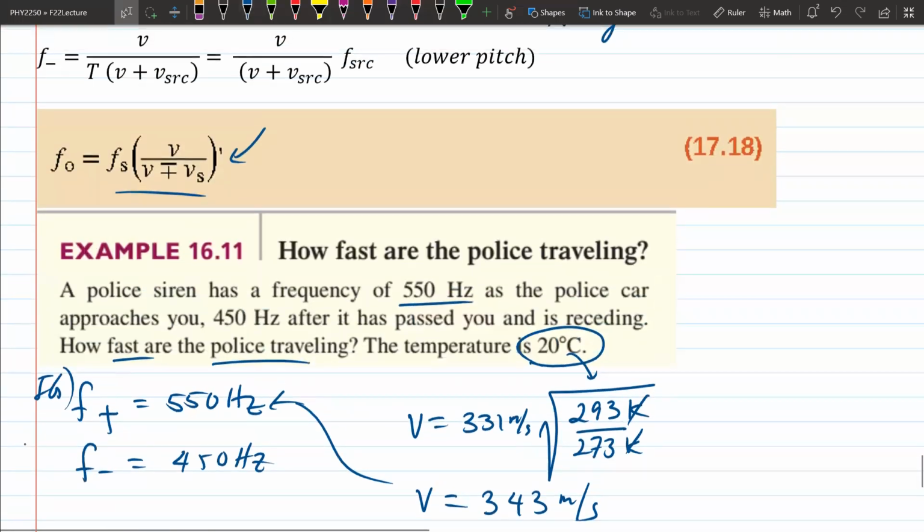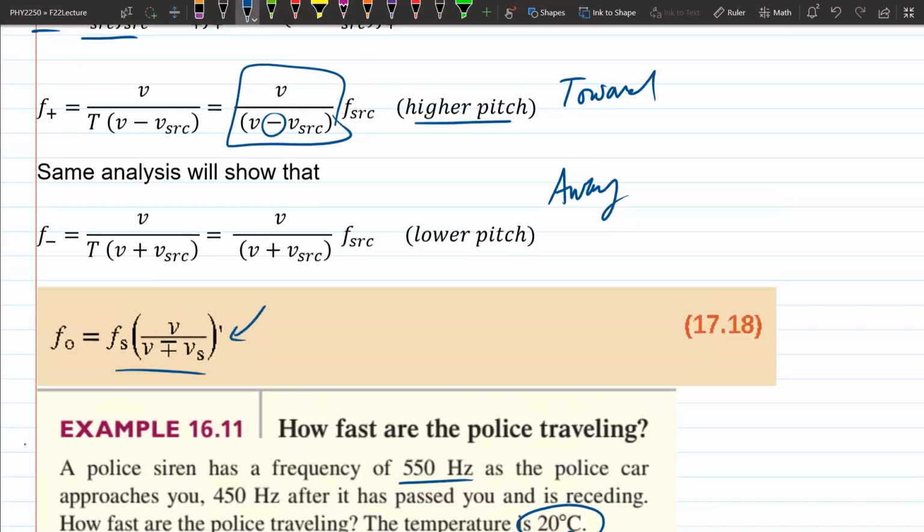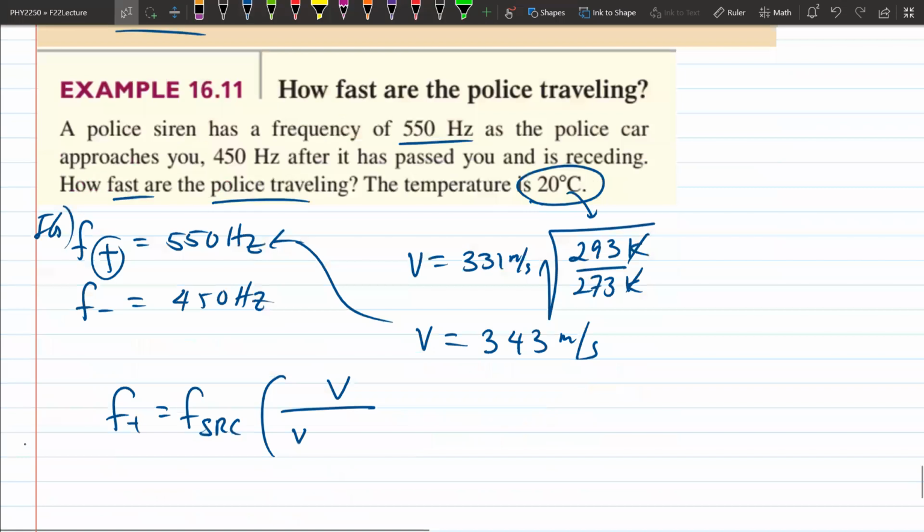Since we're doing the positive one, it has the minus. That's the confusing thing. Minus the speed of the source. The speed of the source is the speed of the police car. So I have to solve this equation for that.